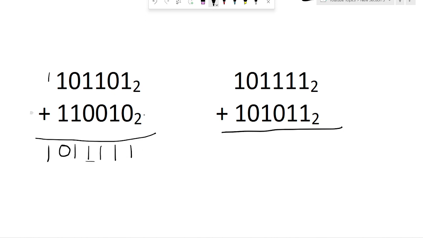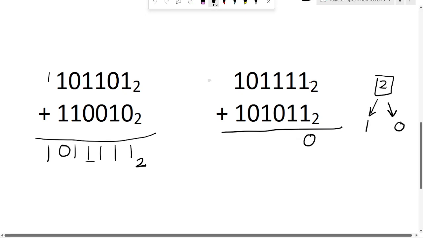Alright, remember to put 2. Next question, 1 plus 1 is 2 again, but we will not write that 2. We'll have a remainder of 0 and one set of 2, so 0, and we carry 1.